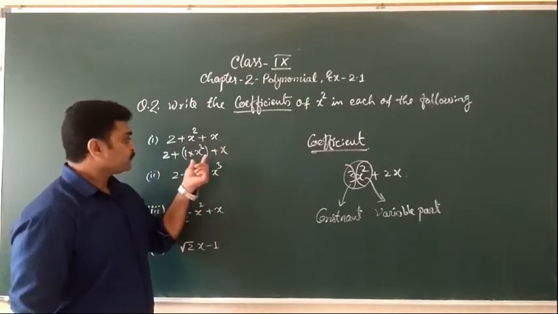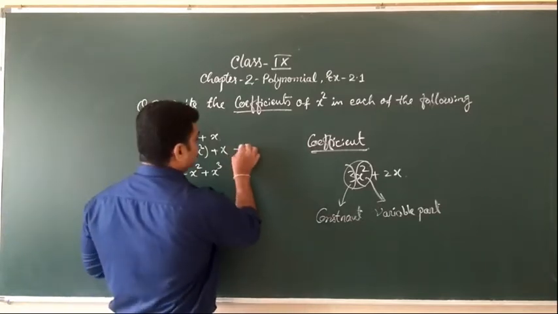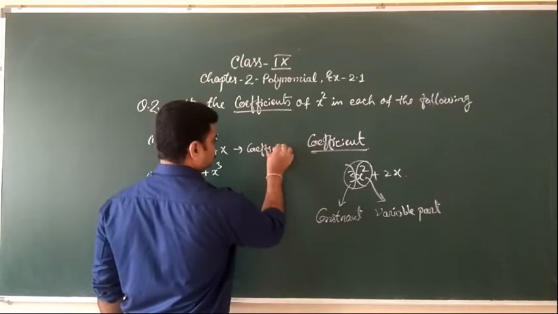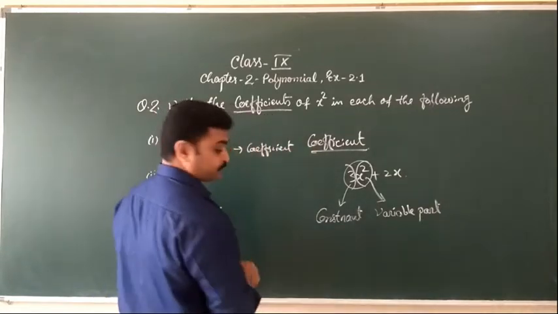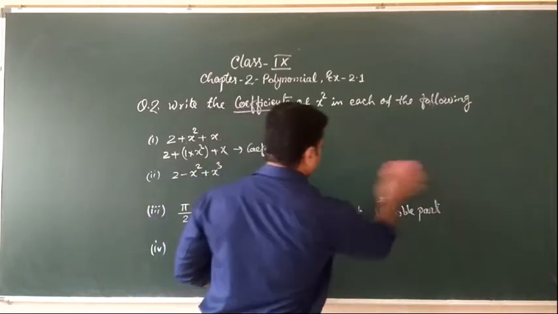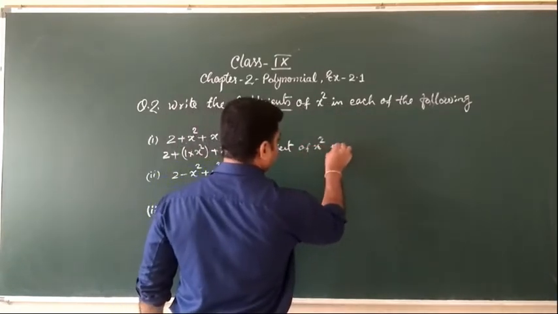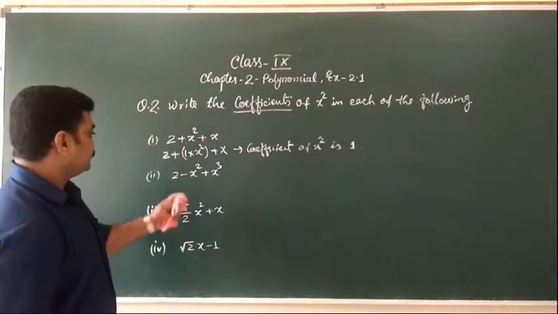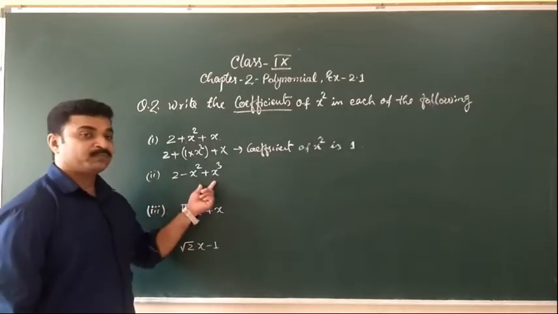So here the coefficient of x square is 1. Got it?